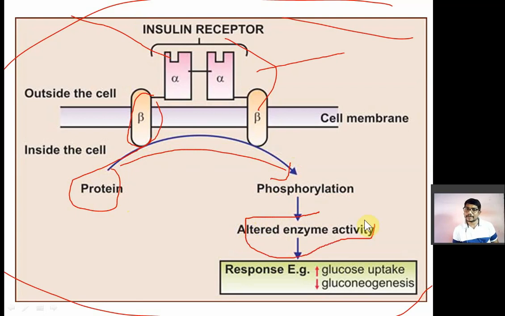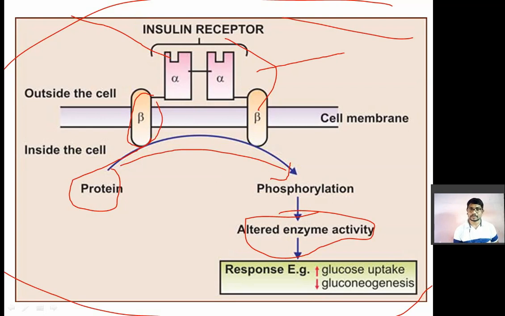It will alter the different metabolizing enzymes like glucokinase, glucose 6 phosphatase, kinase, dehydrogenase, oxidase, etc. Whatever enzyme is responsible for glycolysis, the Krebs cycle, and the pentose phosphate pathway will be altered.